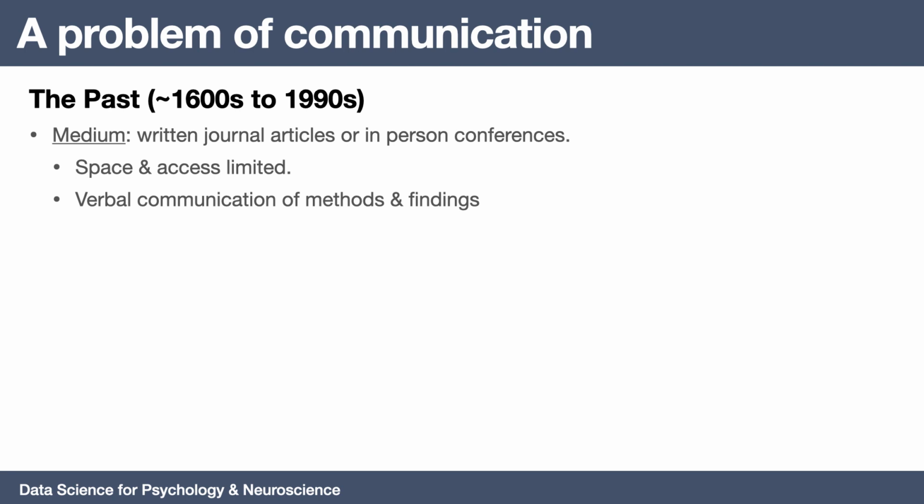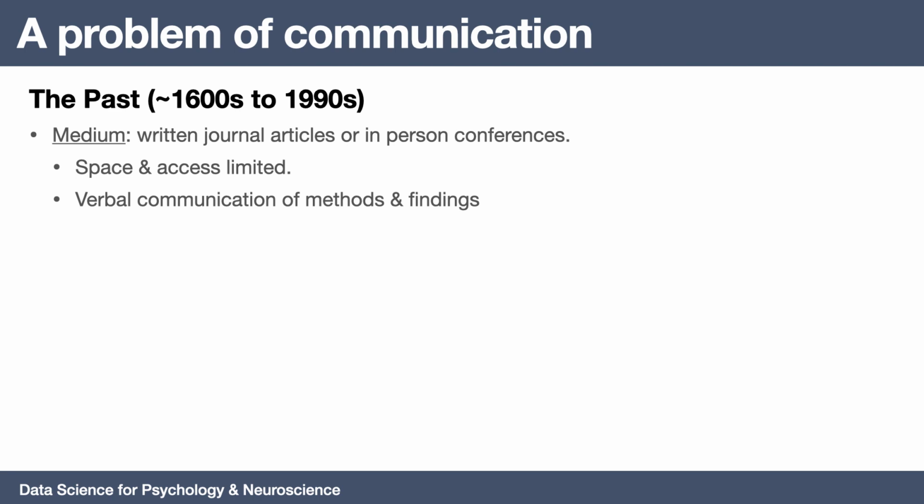Now, science really exploded as a result of the ability to communicate findings. So with the advent of the printing press, better transport systems to move printed documents across long distances, you started to see expansion of communications of science.